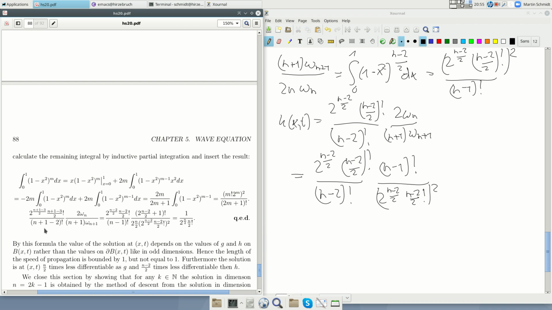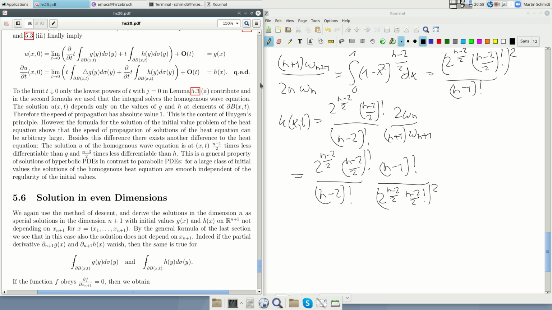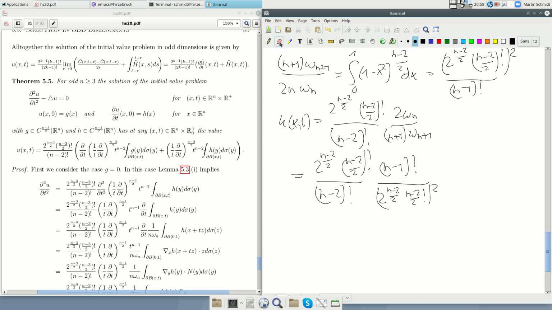Sorry, here we made a mistake. If you look in this formula, then we have here an n minus 2, but this n should be n plus 1. So here this should be n plus 1 minus 2.